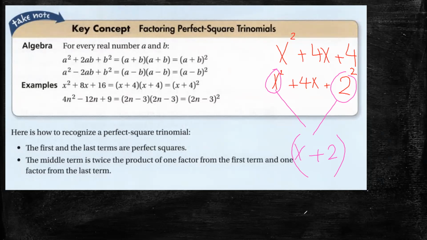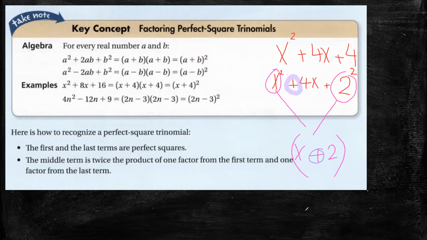I will write now x squared and 4 as 2 squared. Then after that, I will take one of the x's and the 2 from 2 squared. I will take 1 x and 2. I will write them like this, x plus 2. And then I will look at the sign here. What is the sign here? It's a plus. I will write it down as a plus.